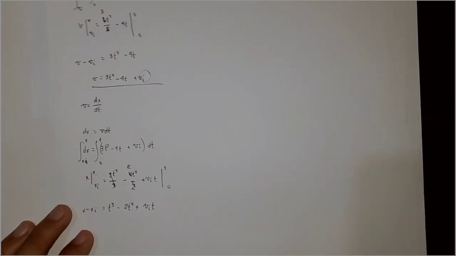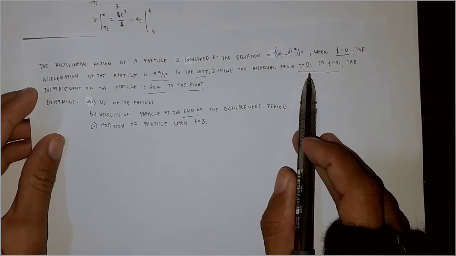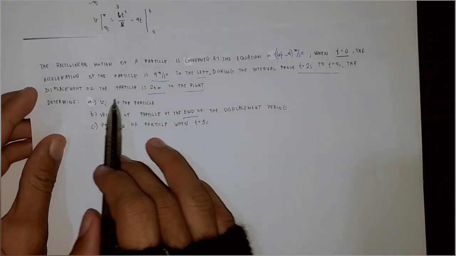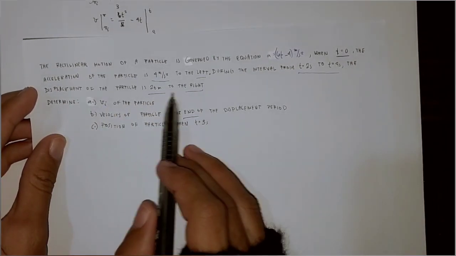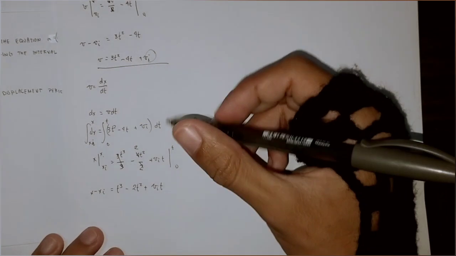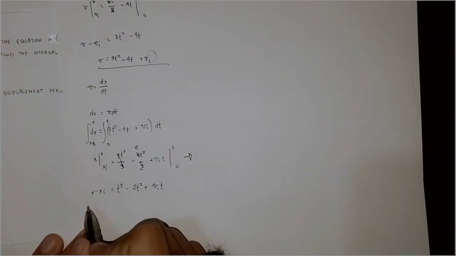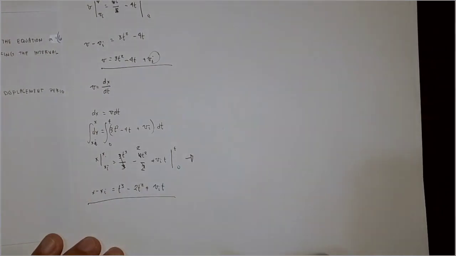And then, in our problem, it is stated here that during the time 2 to 4 seconds, the displacement of the particle is 20 meters to the right. So, we need to create a limit in here. By the way, this is your formula for your displacement.